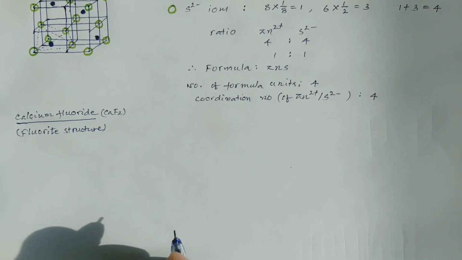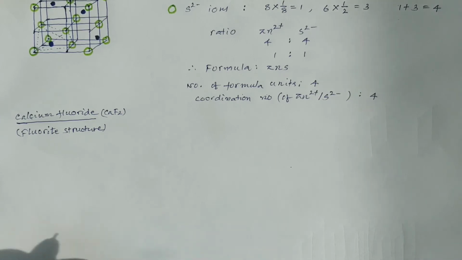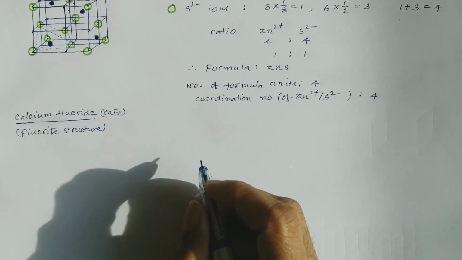Calcium ions actually form the lattice. That means calcium ions are present in the corners as well as 6 faces of the face centered cubic. Whereas the fluoride ions are very small, so that is why they'll occupy the tetrahedral voids.